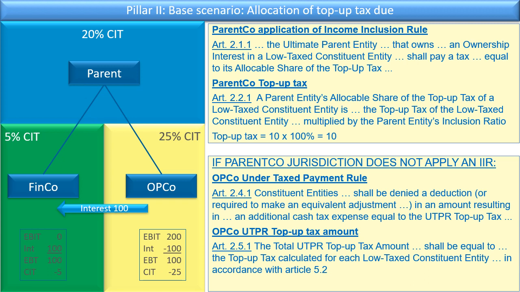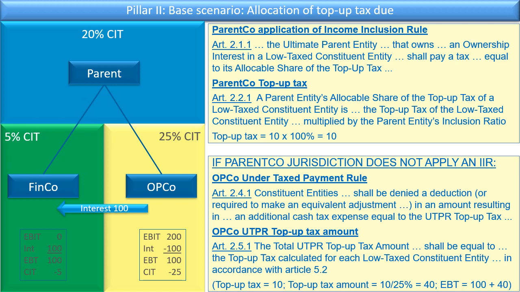And then what Article 2.5.1 says is the total UTPR top-up tax amount shall be equal to the top-up tax calculated for each low tax constituent entity in accordance with Article 5.2. Now, in accordance with Article 5.2, we already know that is 10. So how do you get to the deduction denial for OpCo? You say, well, the top-up tax must be 10.